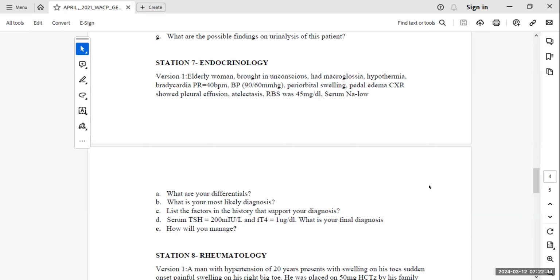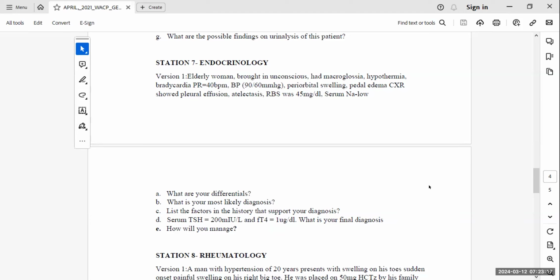She also has periorbital swelling, and also, of course, pedal edema. So I'll be thinking of myxedema coma. My other differentials include Addison's disease. Then my most likely diagnosis will be myxedema coma.